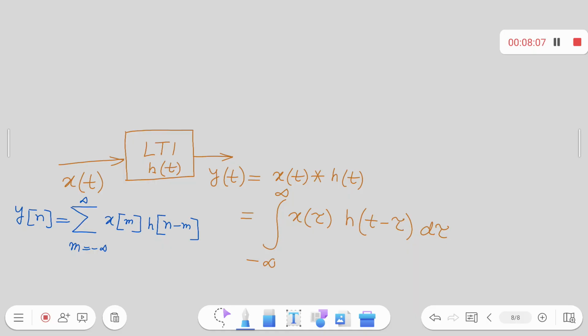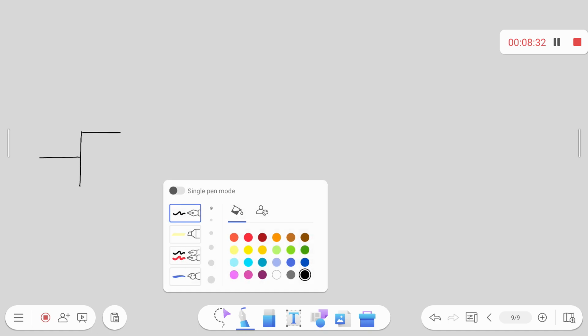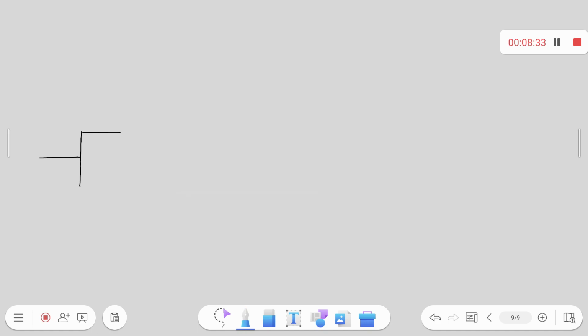Okay, so after observing a single system, now let us move to a case where we have a cascade of systems, one in a parallel path and the other in a series path.